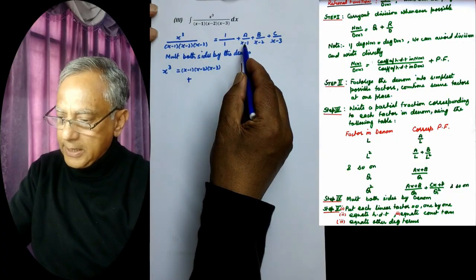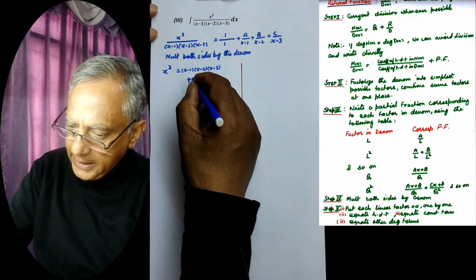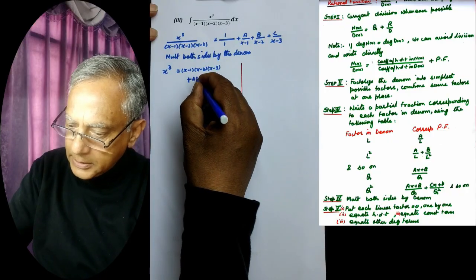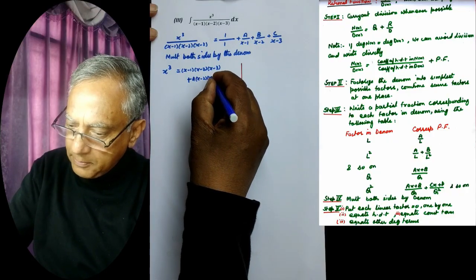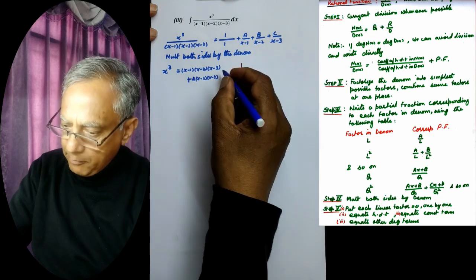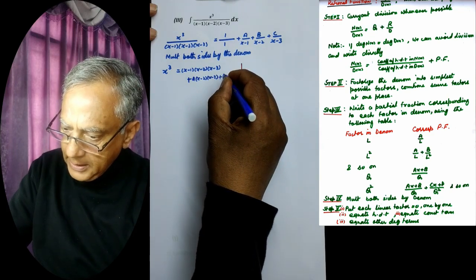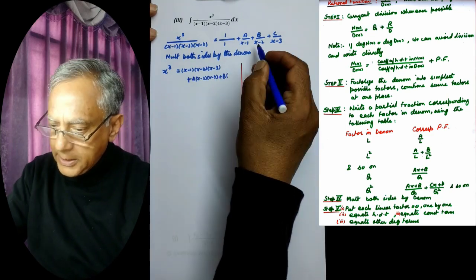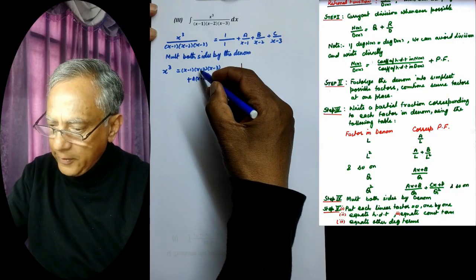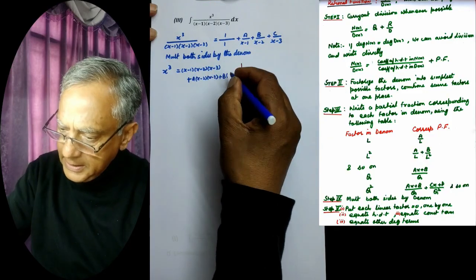So x minus 1 will cancel with x minus 1 and we will get a into x minus 2 into x minus 3 plus b into, now x minus 2 will cancel with x minus 2, we will get x minus 1 into x minus 3.